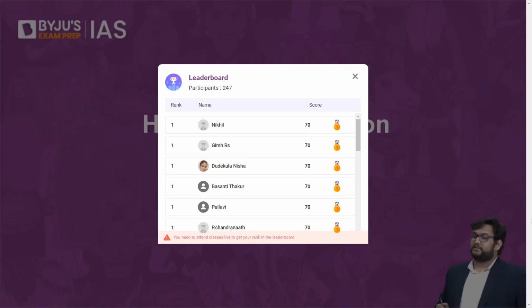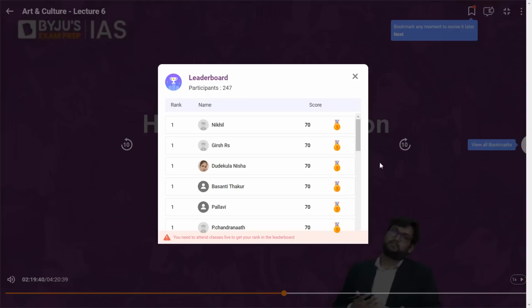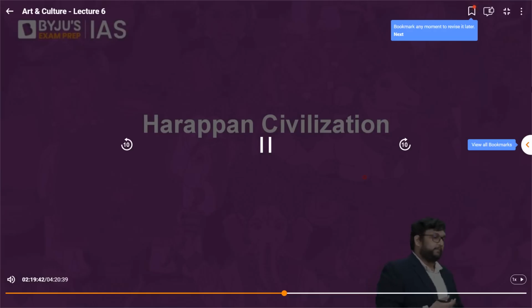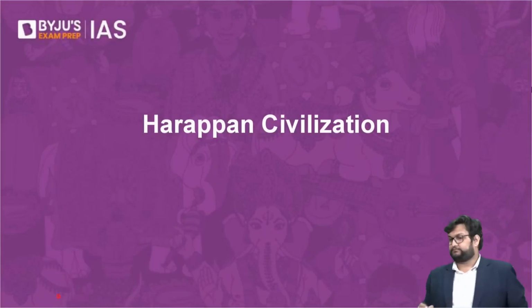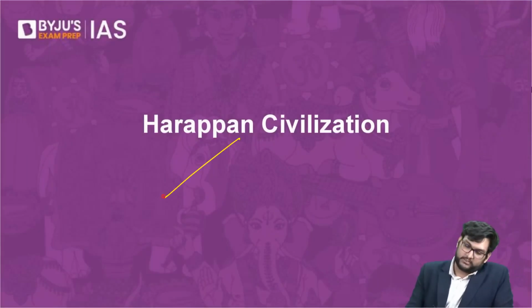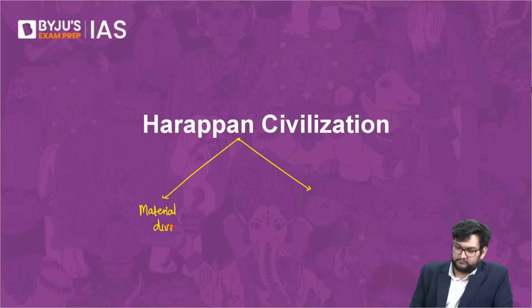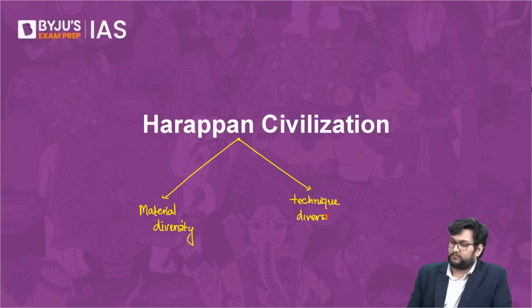Now, the first discussion we have is of the Harappan civilization or the Indus Valley civilization. There are two things which you need to understand here. One is material diversity, the second one is technique diversity.